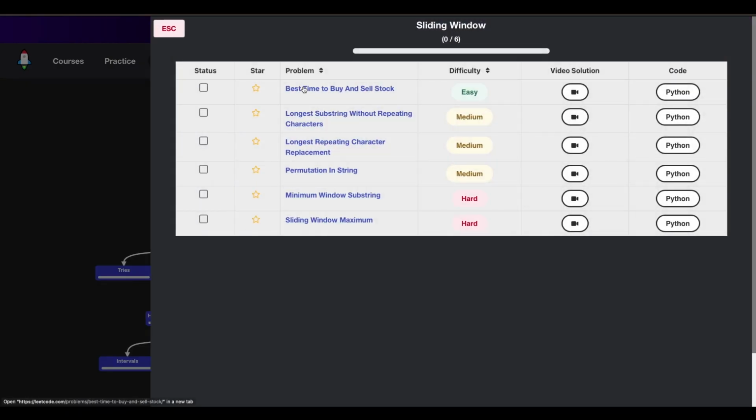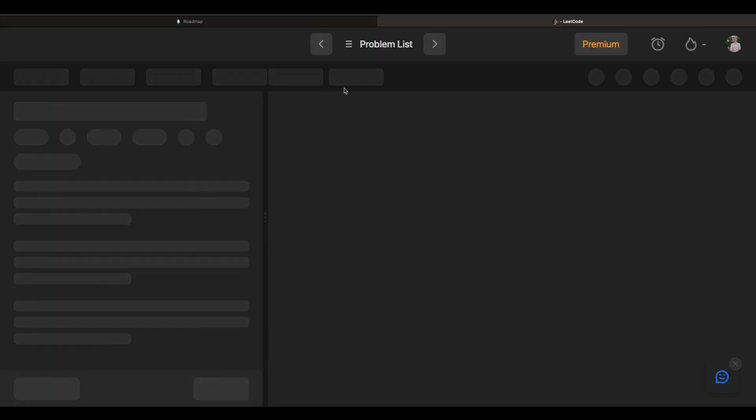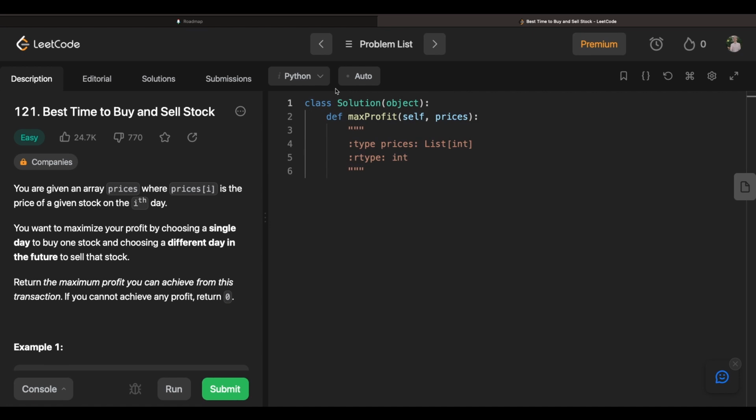So it looks like today's is called Best Time to Buy and Sell Stock, and again, only easy problem in this category. So let's go ahead and see what this one looks like. Right, so you are given an array prices where prices[i] is the price of a given stock on the ith day.